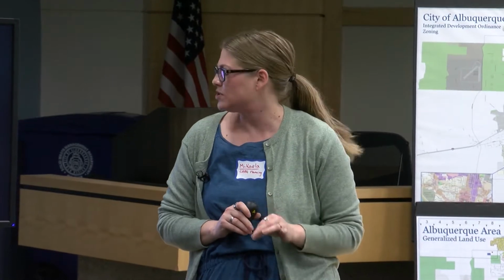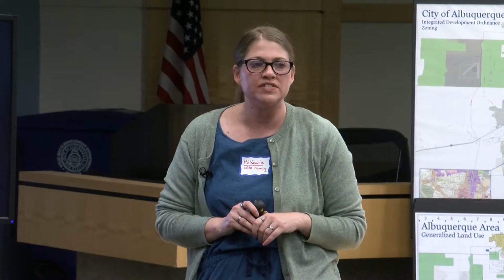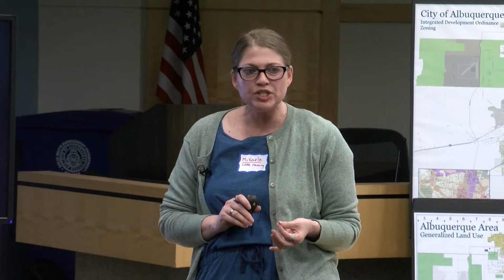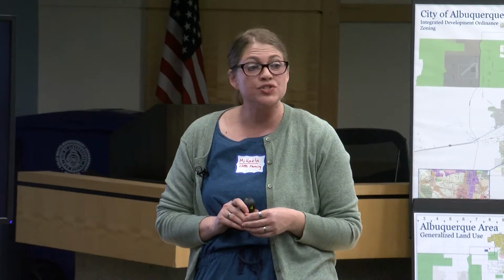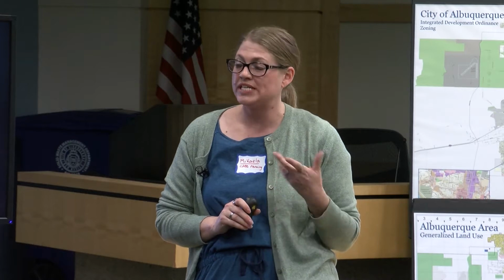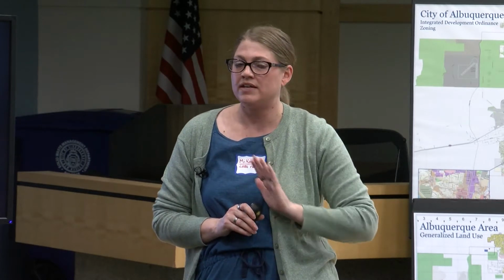So context also matters in terms of development process. Similarly, if that property is in a historic protection overlay zone, so a historic district, then the Landmarks Commission, which has commissioners that are well-versed in historic preservation, is going to be involved in that review and decision process.